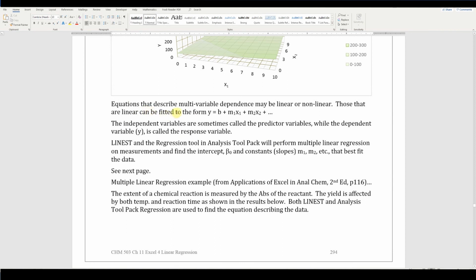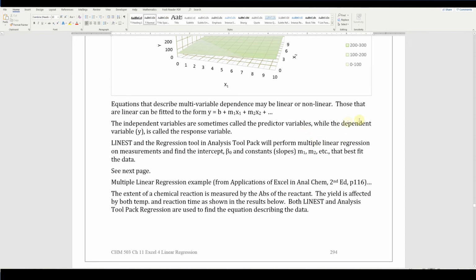Equations that describe multivariable dependence might be linear or nonlinear, and those that are linear can be fitted to the form y is equal to b plus m1x1 plus m2x2 plus m3x3, and so on. Sometimes the independent variables are called predictor variables. We usually call them independent variables.